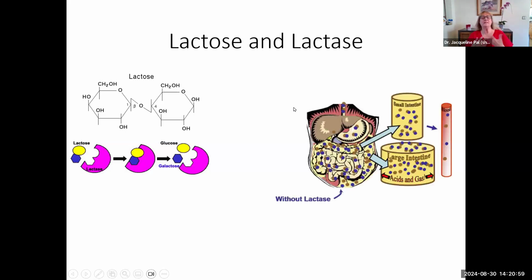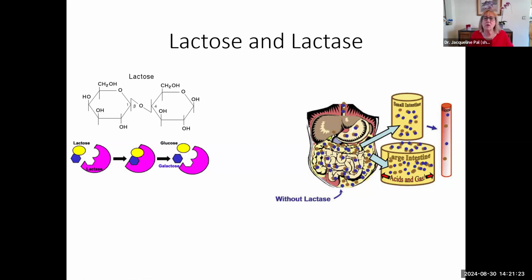So what happens in your body if you don't have lactase? If you are lactose intolerant? Well, then if you consume lactose, lactose goes into your digestive system. When it goes into your small intestine, this dimer has what we call an osmotic pull.